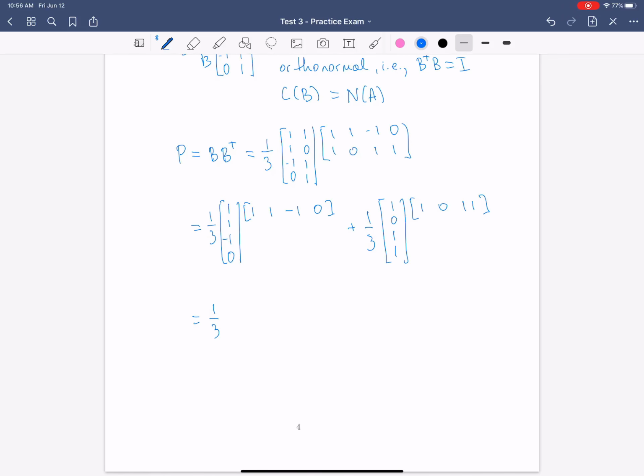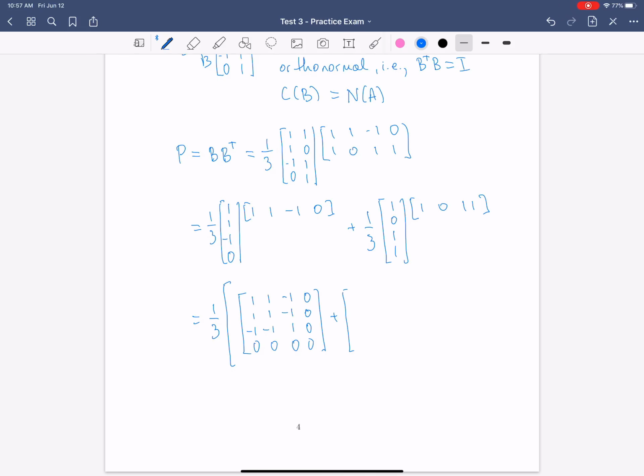So maybe I'll factor out the 1/3 from both and then have this big bracket and a sum of 2 matrices. So I have 1, 1, negative 1, 0, 1, 1, negative 1, 0, negative 1, negative 1, 1, 0, and then zeros.